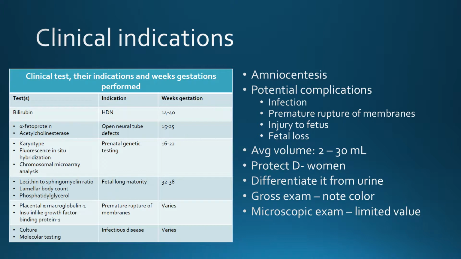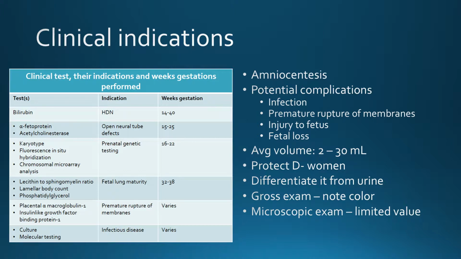We also do it if we want to identify an infection that might be going on. Historically it was done to determine the degree of fetal hemolytic anemia, but there are other means of doing that these days. They also do it to test for open neural tube defects or to evaluate the overall integrity of the membrane. The problem with that reason is that you're risking the membrane by doing the amniocentesis.